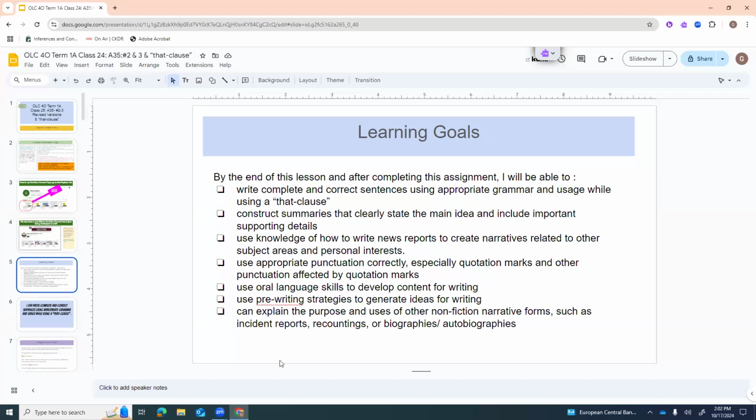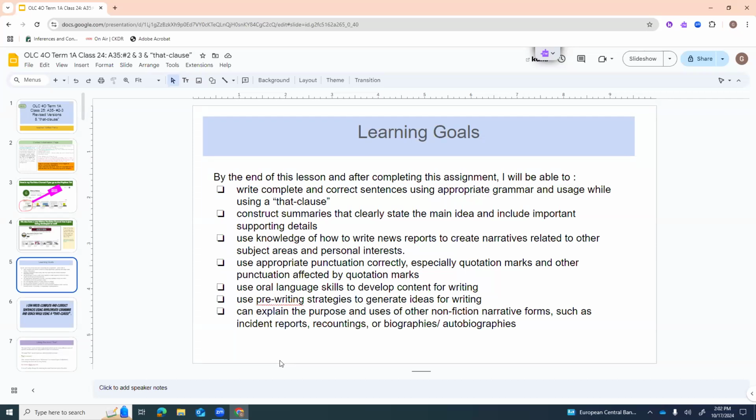Okay, learning goals. We have a lot of learning goals today. By the end of the lesson, and after completing this assignment, I should be able to write complete and correct sentences using appropriate grammar and usage while using a that clause. Construct summaries that clearly state the main idea and include important supporting details.